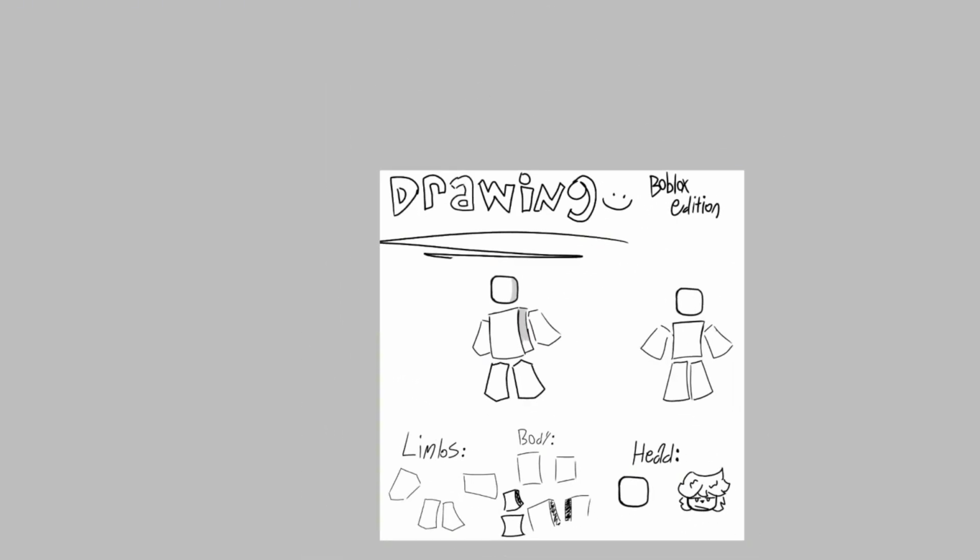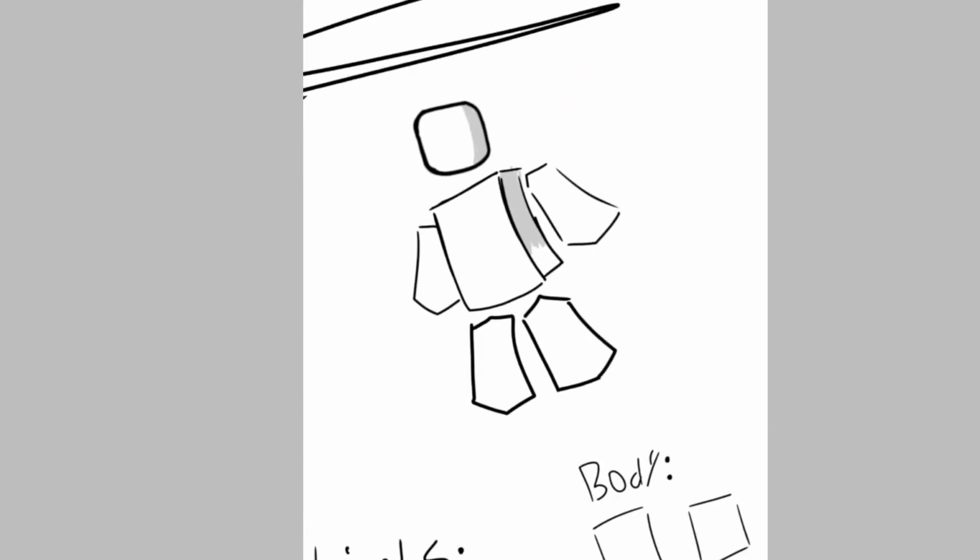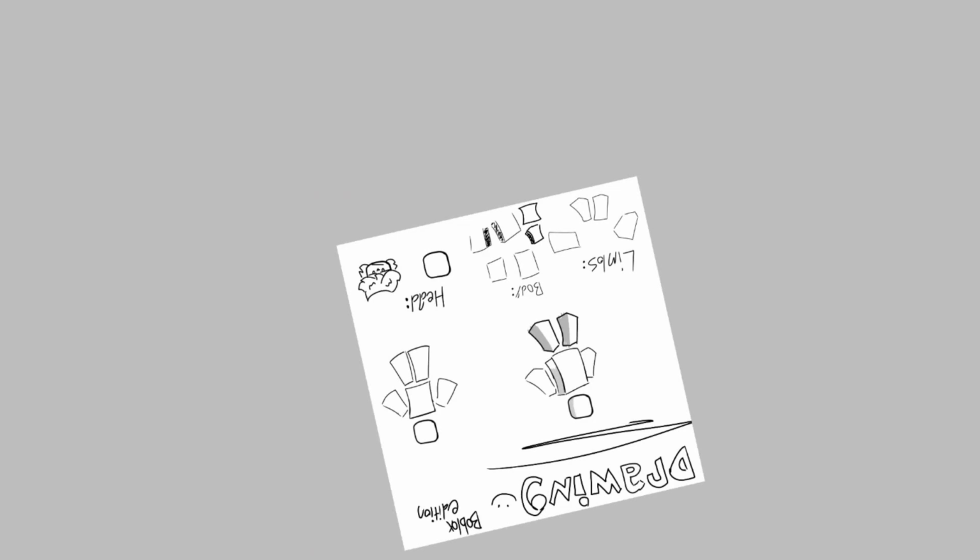It's good enough, yeah. Usually the 3D bodies will have shading somewhere around this part right here. 2D usually does not have shading, but 3D will have shading like around here. And same with the arms too.